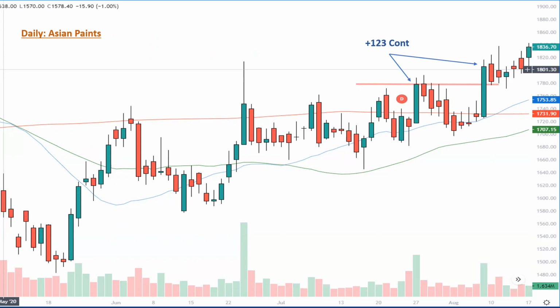So just think about it. There is no doubt that the first wide range bar is also a valid setup. It has formed an igniting WRB, and it has cleared the resistance as well. But if you can see, after the wide range bar, there is the second bar, which is an inside bar.